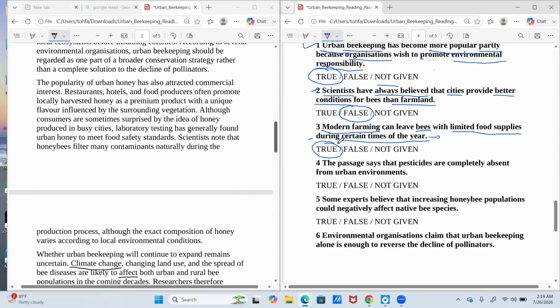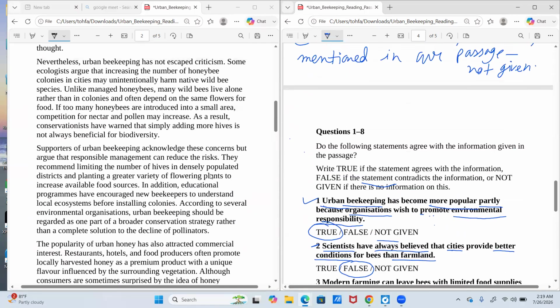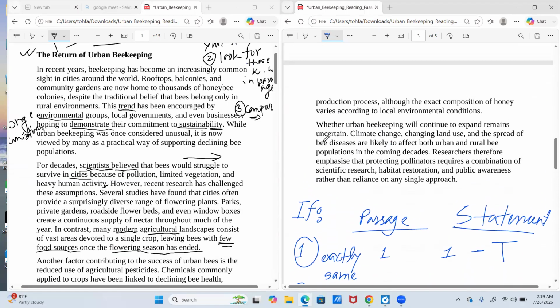I will solve the questions, and after solving one passage myself, I would give another passage for you to solve by yourself. And after you have solved that in a certain amount of time, you would let me know the answers. I will evaluate whether your answers are correct or not. So that's how my classes are usually conducted.